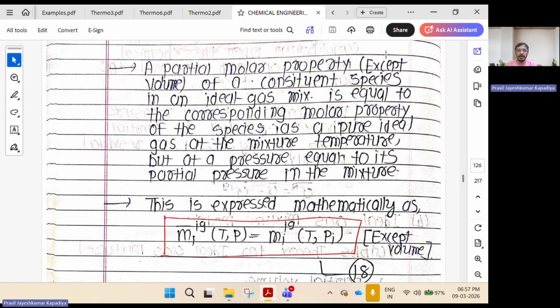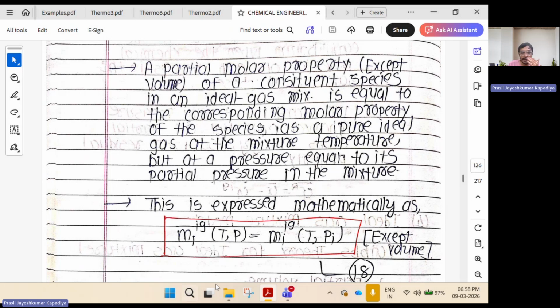The partial molar property of a constituent species in an ideal gas mixture, Mi bar, is equal to the corresponding molar property Mi. So the partial molar property is going to be equal to the molar property at the same temperature, but at a pressure equal to the partial pressure in the mixture.